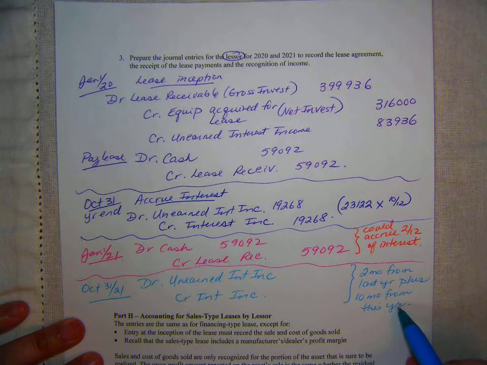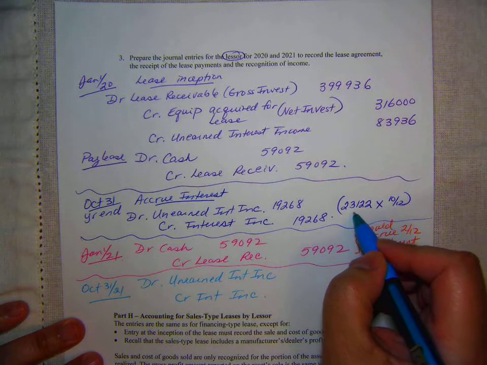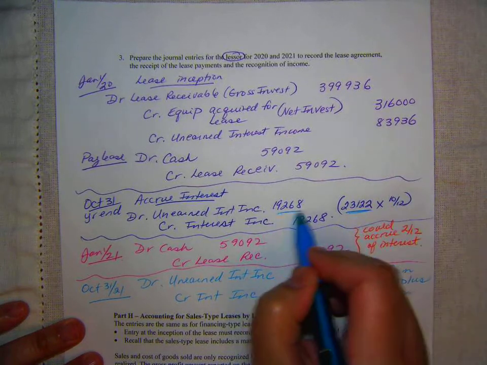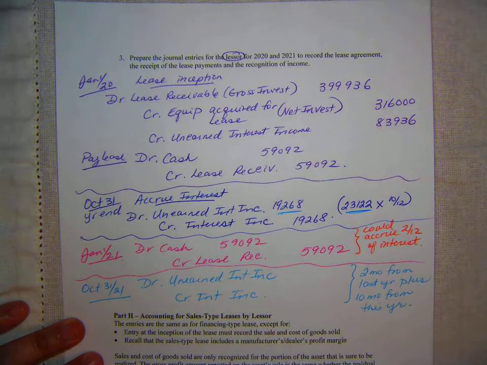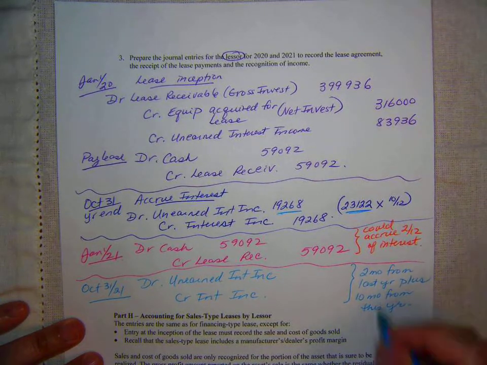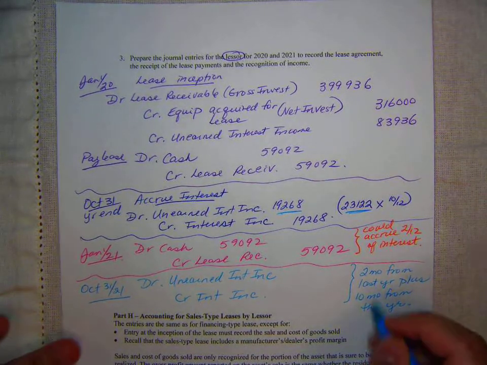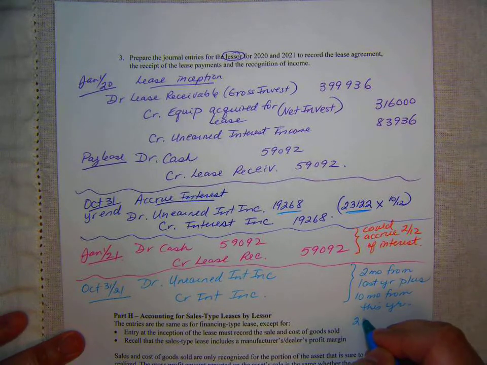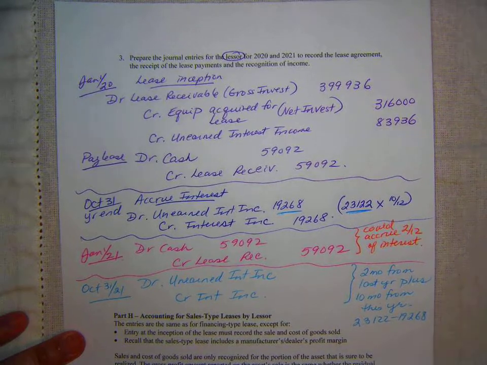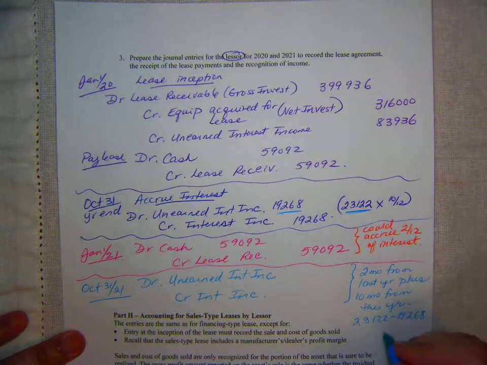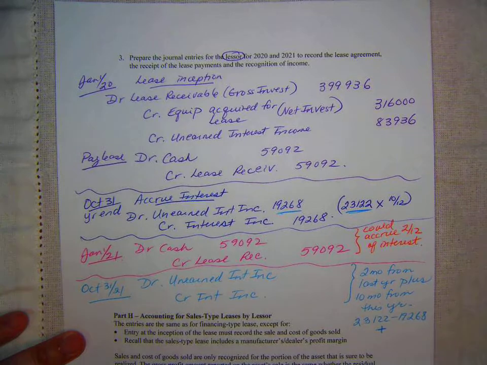So, 2 months from last year, we had the 23,122 already recorded, 19,268. So it's going to be part of 23,122 minus 19,268. So that's one piece, but our table didn't go far enough.